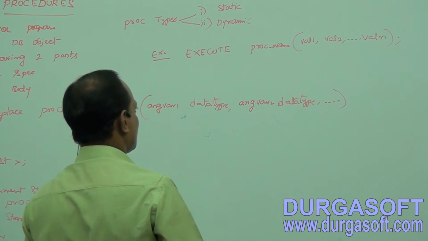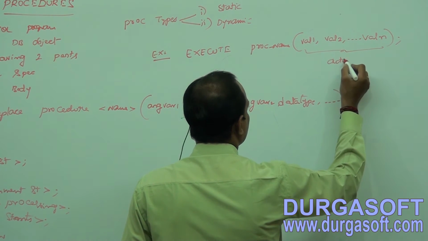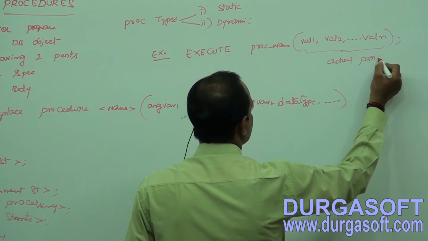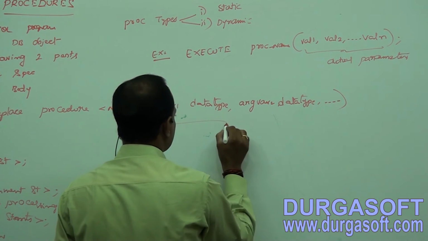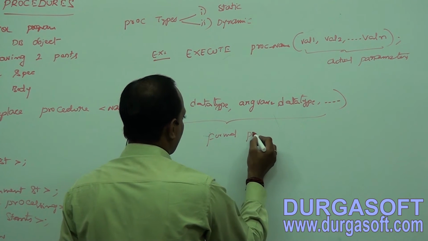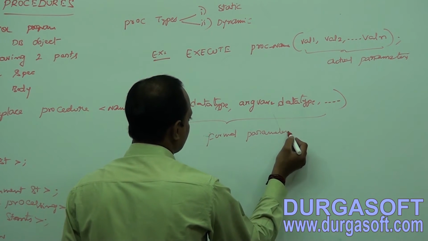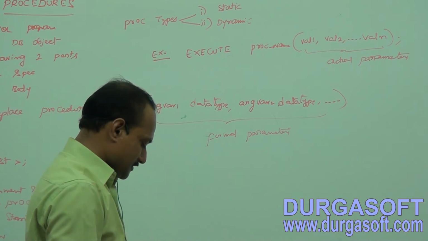These are called actual parameters, and these are known as formal parameters. In this way you have to execute the procedure.